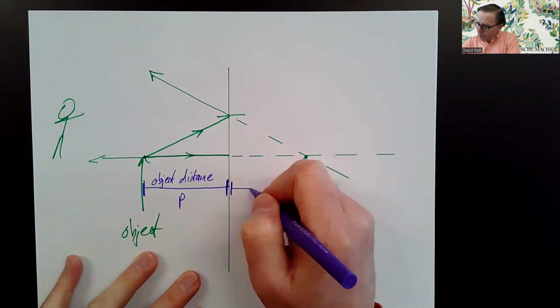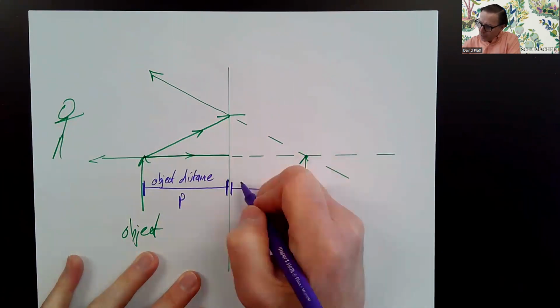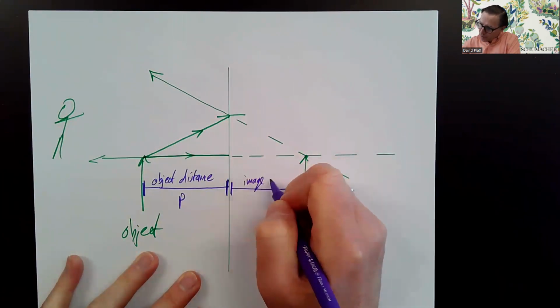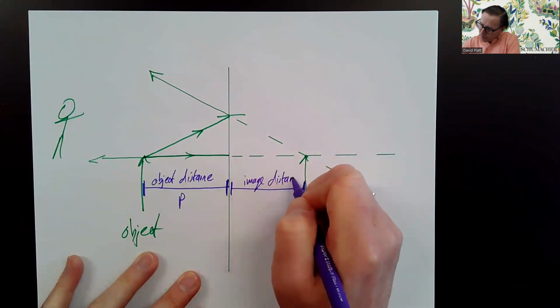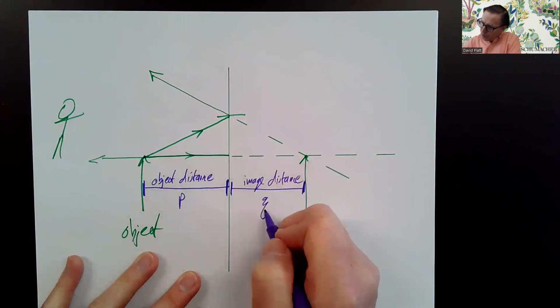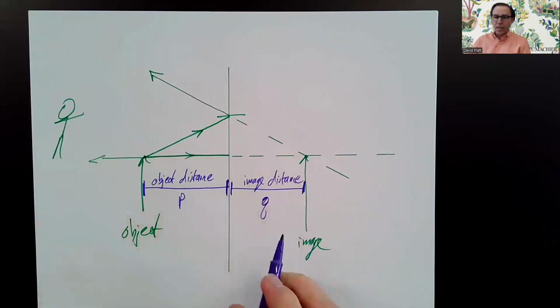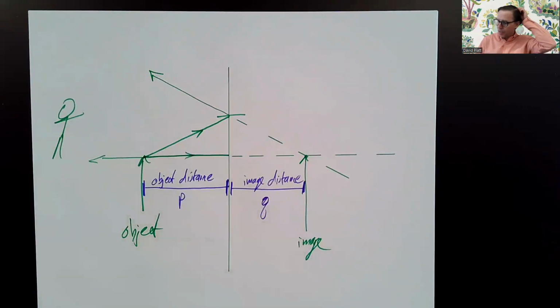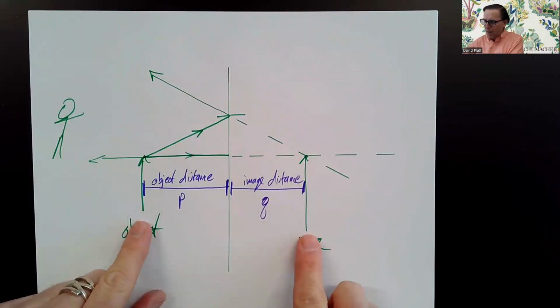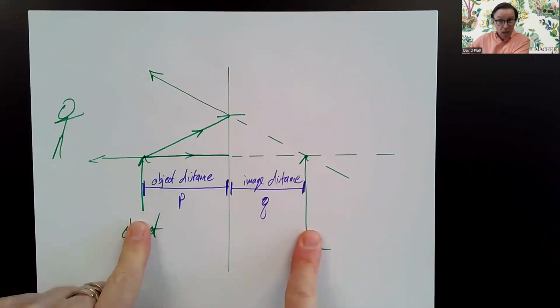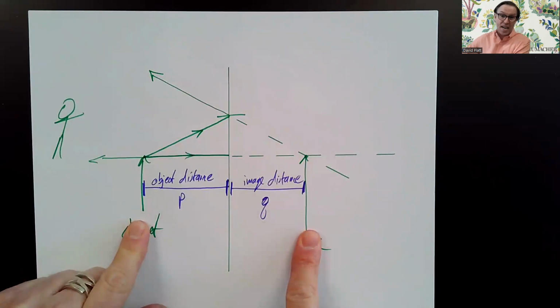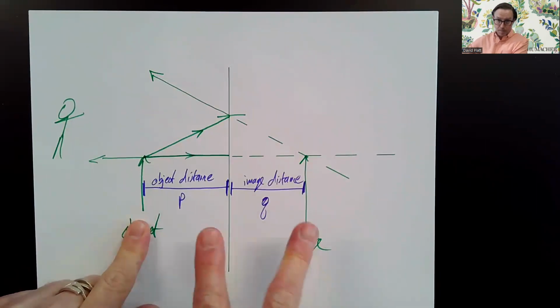This, from the mirror to the image, is called the image distance. And we use the letter Q to represent image distance. So P and Q, object and image distance. Lots of times people want to talk about, how far is the object from the image? You can talk about that if you want, but we don't have a letter or a name for that. That distance is P plus Q.